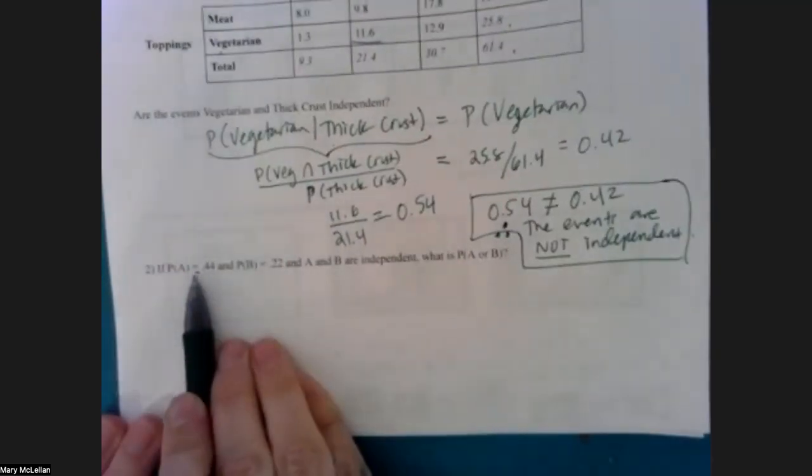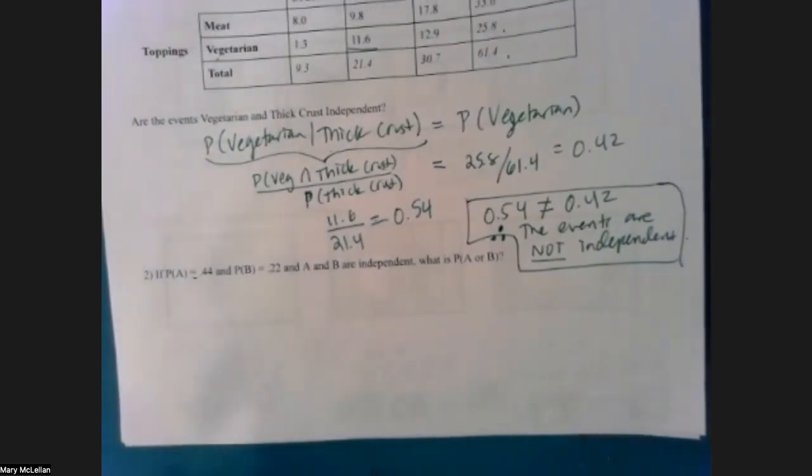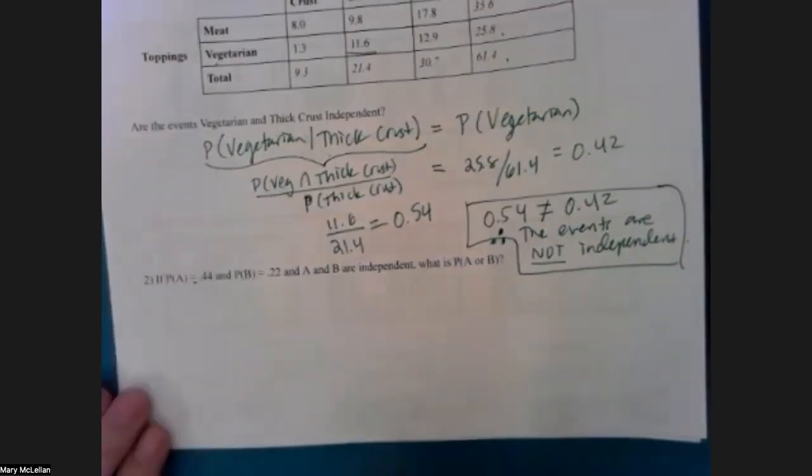Okay, the probability of A is 0.44. Probability of B is 0.22. And A and B are independent. What is the probability of A or B? Woof. All right, we can do this.